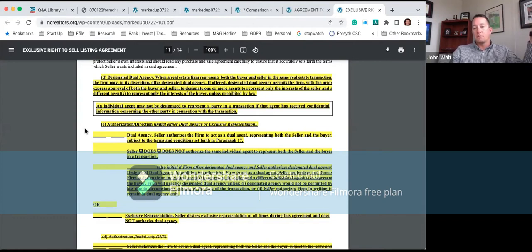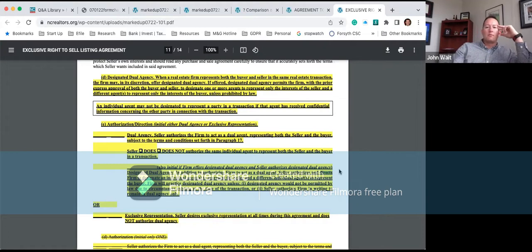The client was under the impression that's the only kind of dual agency they had allowed, not realizing that the way that was written on the old form really gave that option to the firm, but not to the client. It was something where the firm could offer it if they wanted to, but they didn't have to. So there's a very, very substantial change right here with designated agency, and that is this word right here.